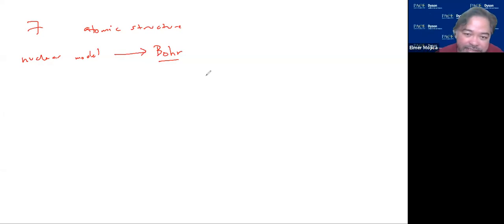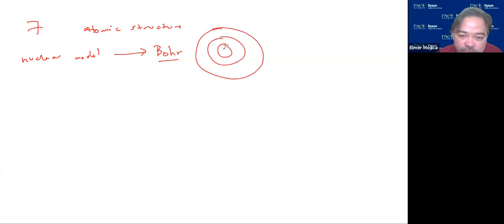So they have like a planetary model. If you have an electron here, it can go to a higher one once energy is given. Or if you have an electron here, it can go to a lower energy level, one that is closer to the nucleus, once energy is emitted.